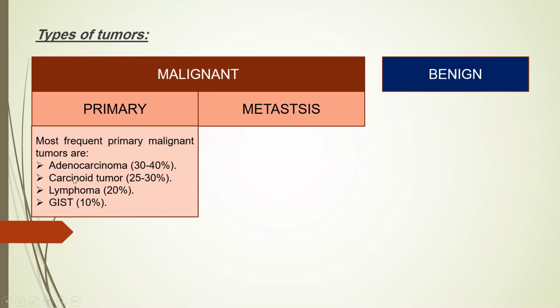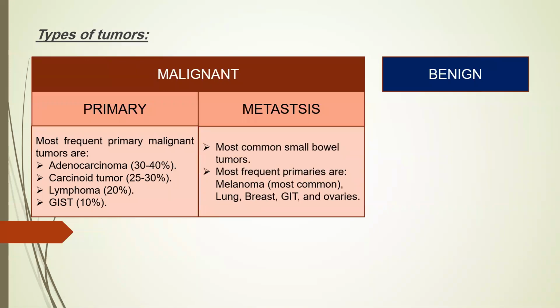And the carcinoid, it is the second most common, 25 to 30%. Then the lymphoma, 20%, and gastrointestinal stromal tumors, 10%.